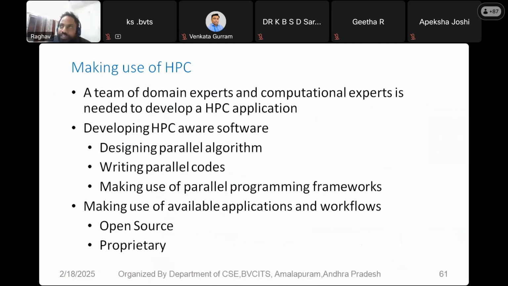Now, each HPC system, unlike traditional general systems available off the shelf, has its own set of signatures. It's not like there is one standard architecture that will be used across. Each one, when it is built, is a combination of a different set of hardware, operating systems, and the compilers available at that point in time.